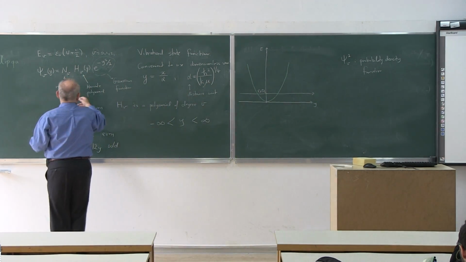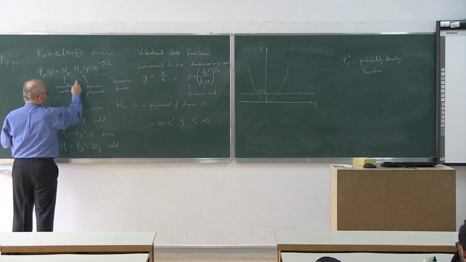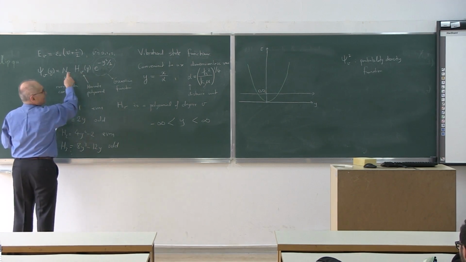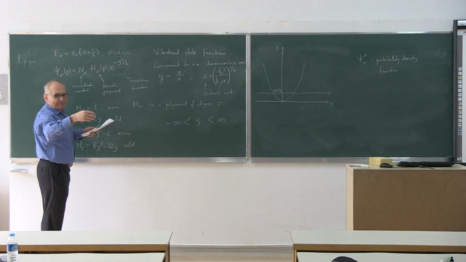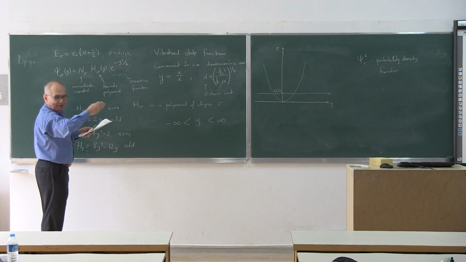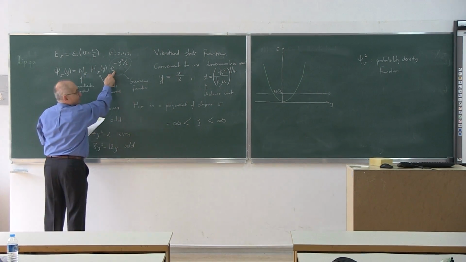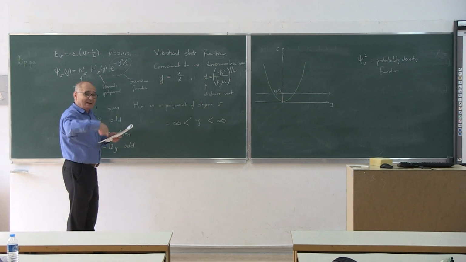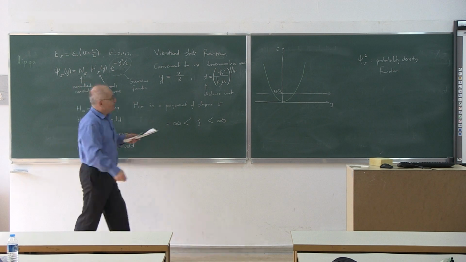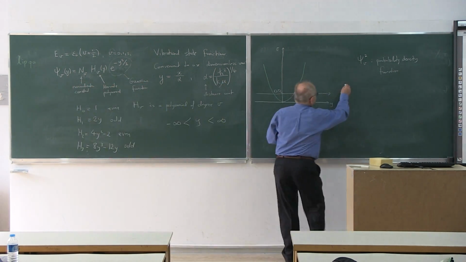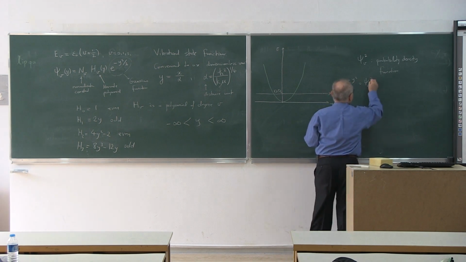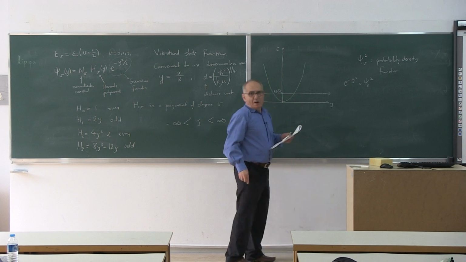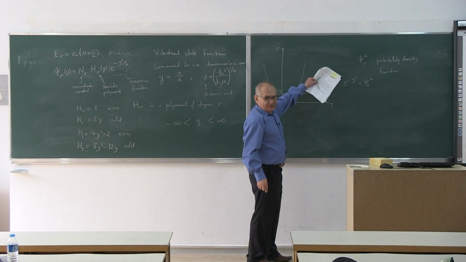The first one is for v equals 0, because this is just 1 here. In such graphs, the numerical value of the normalization constant is not important. You can just drop it. So what remains is just this factor, e to the minus y squared over 2. Take the square of it. You will get e to the minus y squared. This is psi 0 square, omitting the normalization constant.